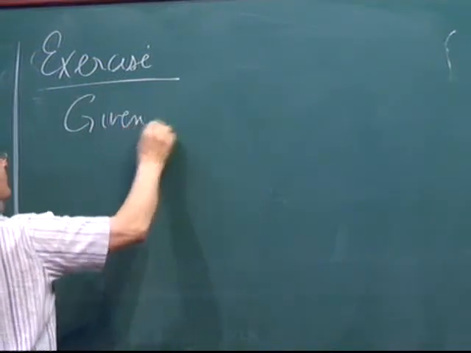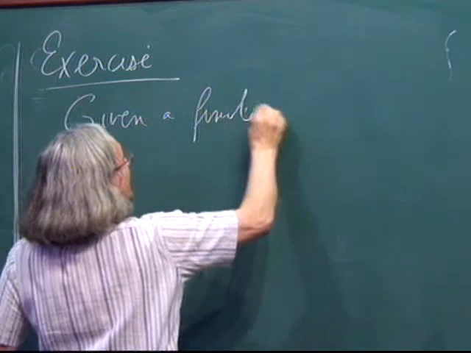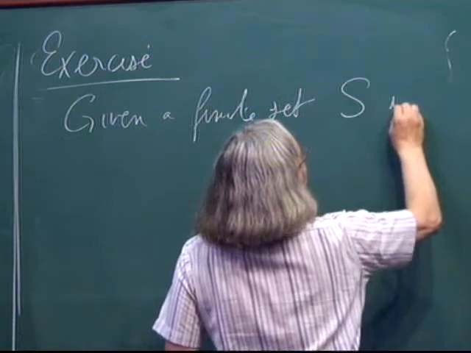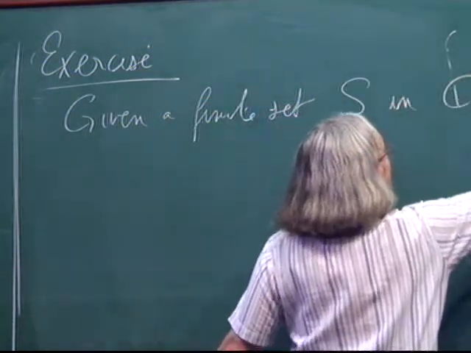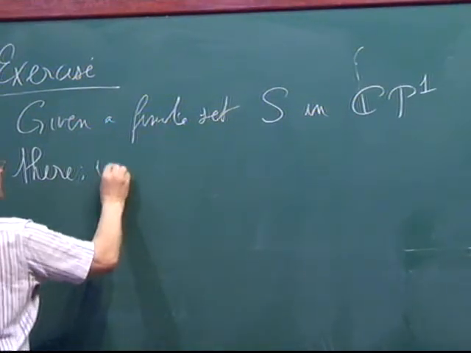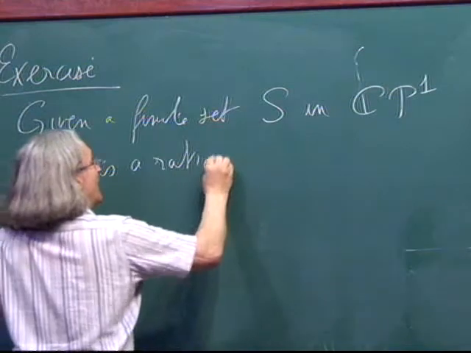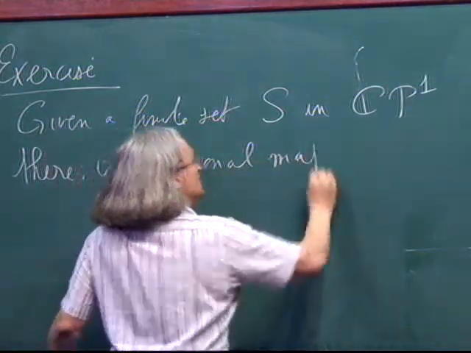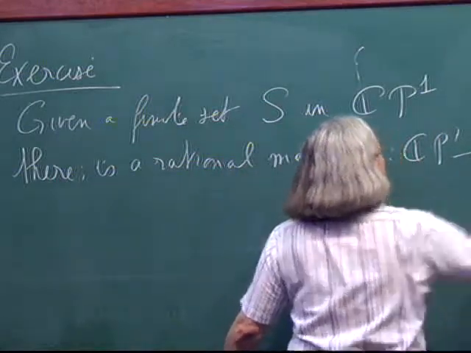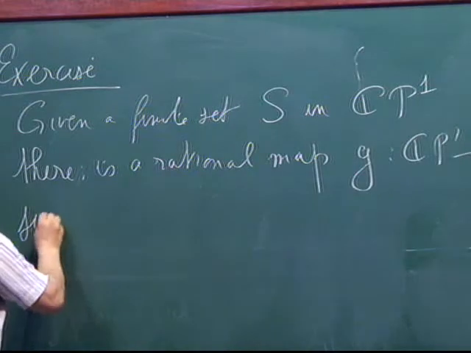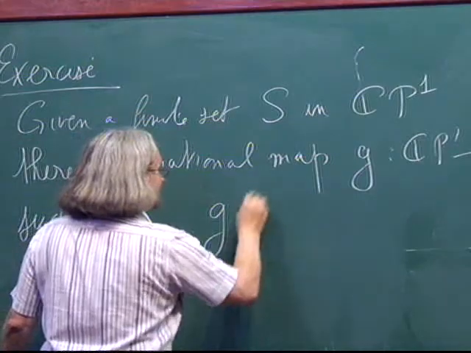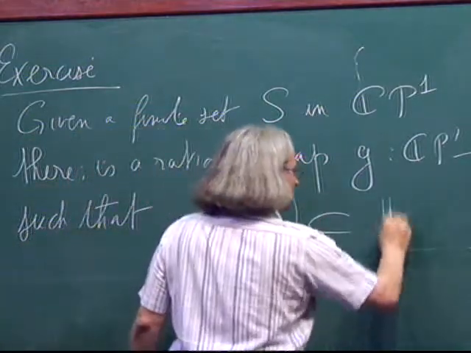Given a finite set, let's say S in CP1, there is a rational map G such that G of S is real.